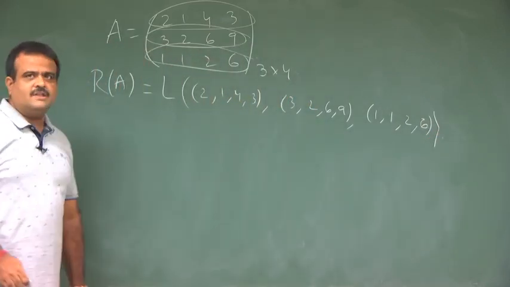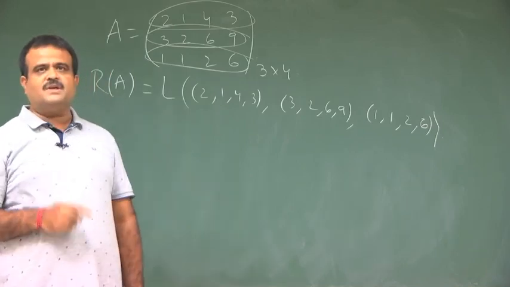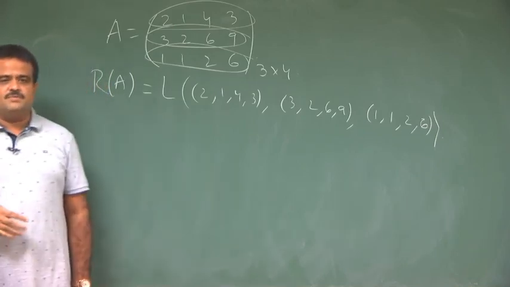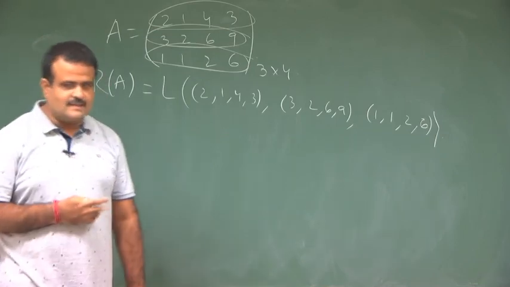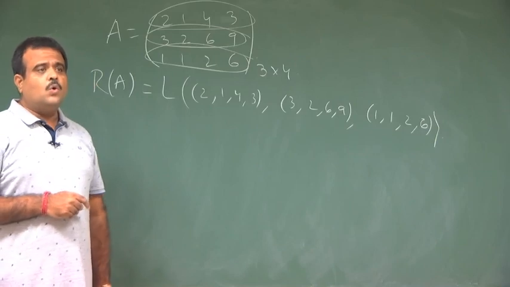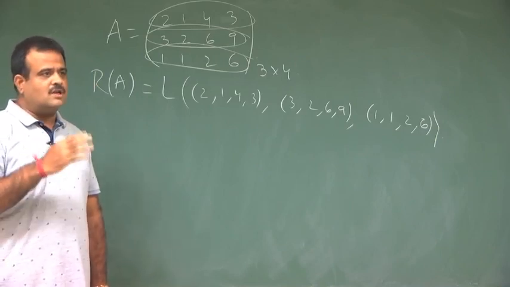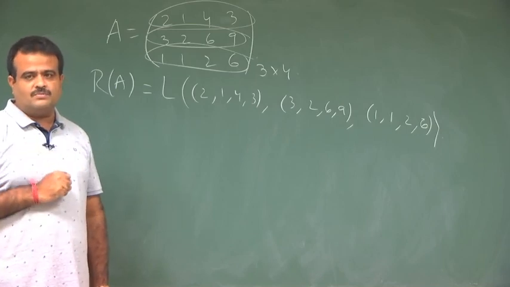Now, we have to check whether these vectors can form a basis or not. If they form a basis, then the dimension of this linear span is 3. To check that, we apply elementary row operations and convert the matrix into row echelon form.